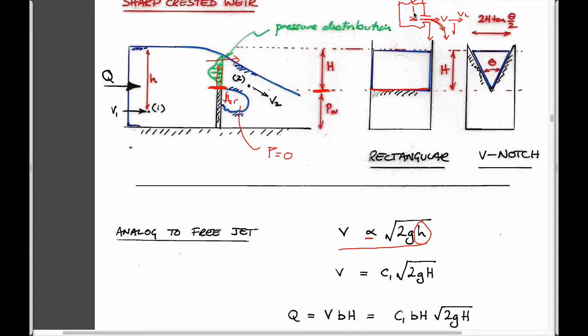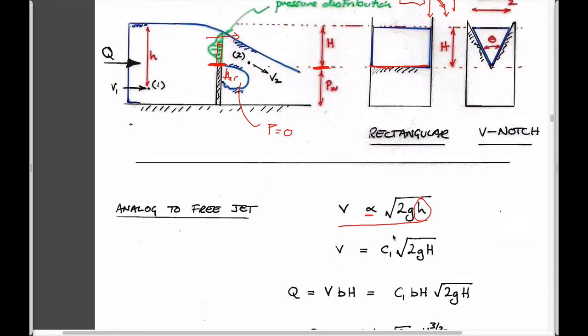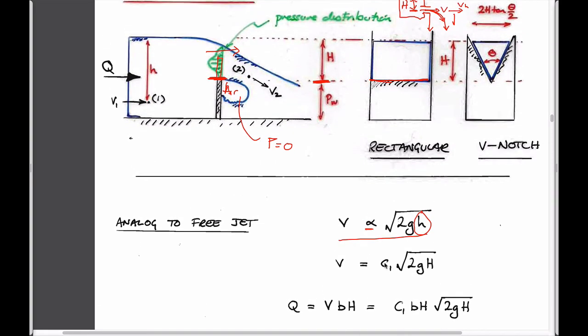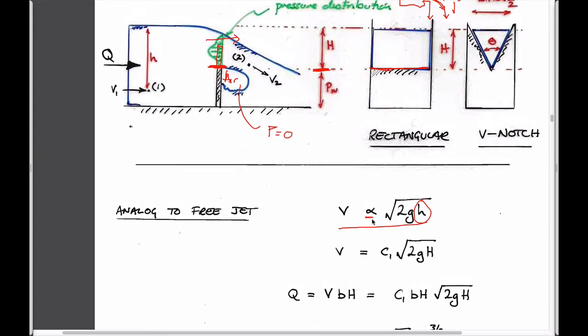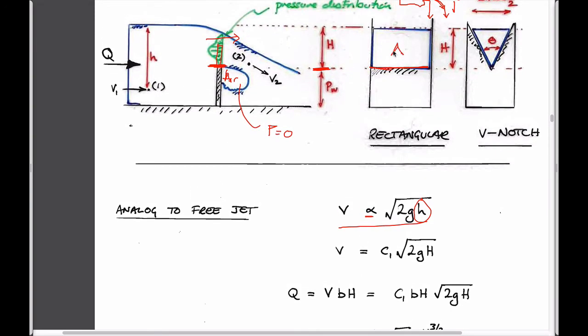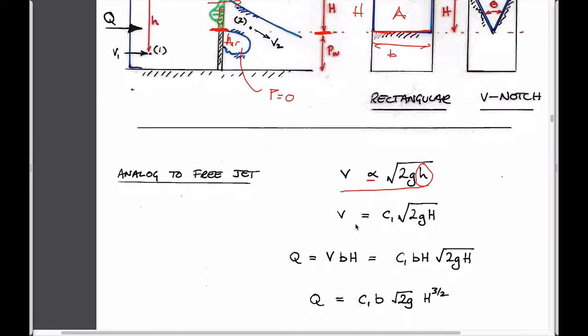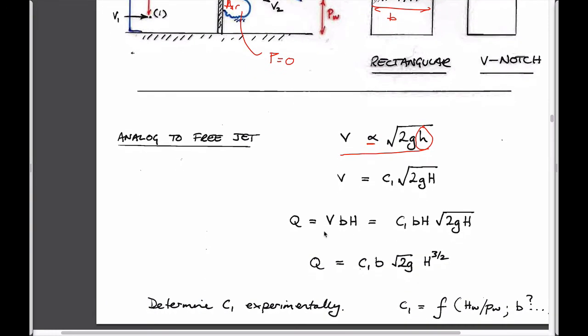Just as it would be in a free jet, this h would be uppercase H, which we've called lowercase h before, and some coefficient to correct for that. And if that's the case, then again we can multiply by the area, which is just the width of this multiplied by its height. If we do that, we end up with some expression.